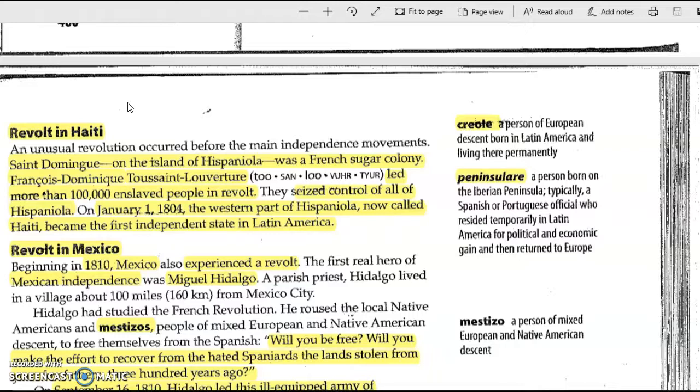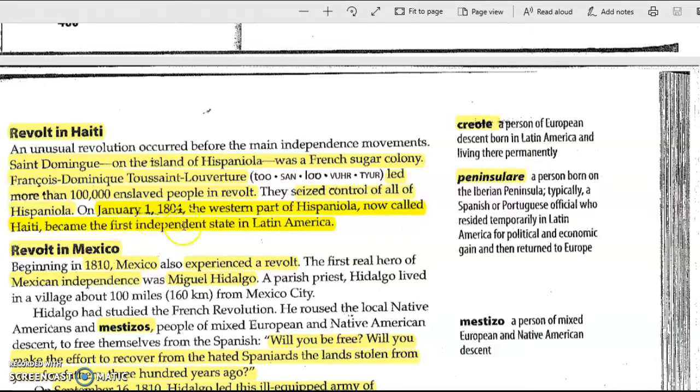He is going to lead a revolt of more than 100,000 people who were enslaved by the French in their colony in Latin America. And eventually they're going to seize control of all of Hispaniola, which, by the way, was where Christopher Columbus had set up his base of operation in his return to the New World.